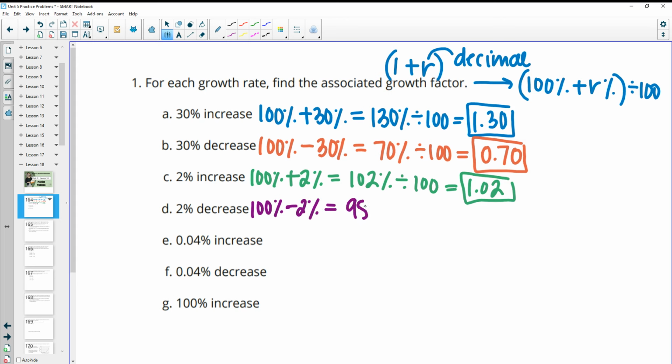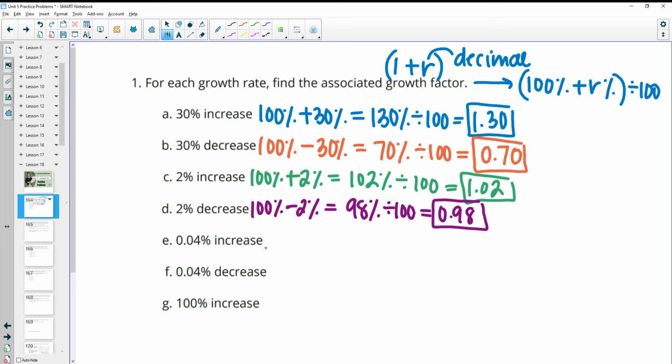So now each time period we only have 98% of what we had before. Divided by 100 gives us a growth factor of 0.98. And remember, anytime it's decreasing, your factor is going to be less than 1. And if it's increasing, it's going to be greater than 1, because that 1 represents your initial 100%.